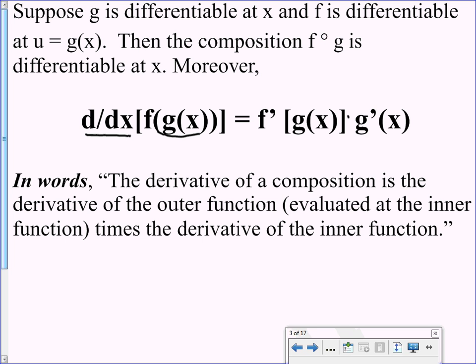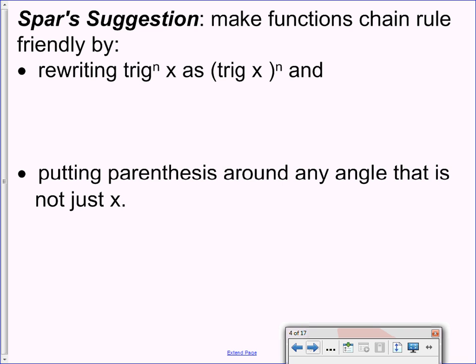So before we get to some examples, I just want to give you two suggestions. The first is, whenever you see any trig function to a power of x, let's say you have sine cubed x, think about what's being cubed and rewrite it with parentheses.